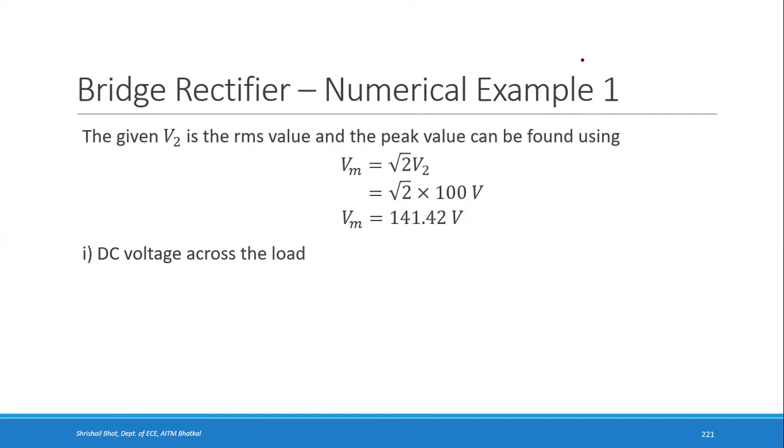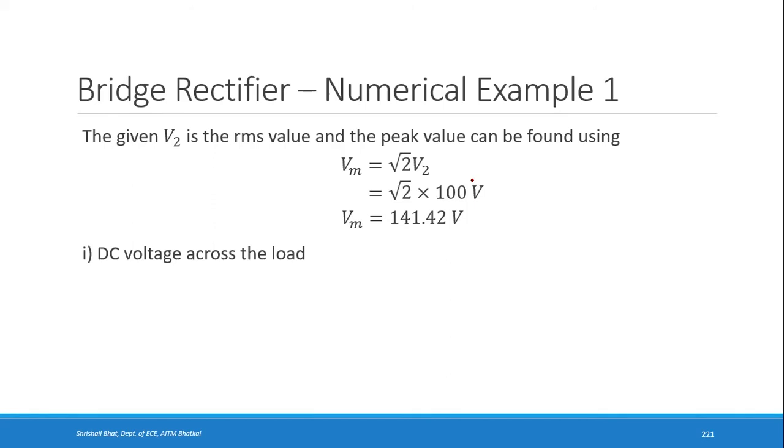In normal cases, it would be 2 Vm by pi. In case of a full wave rectifier, VDC is 2 Vm by pi. In this case, RF is not given. The diode's forward resistance is not given, so you can neglect that. If RF is 0, VDC will be 2 Vm by pi. But the forward voltage drop of the diode, the threshold voltage, is given.